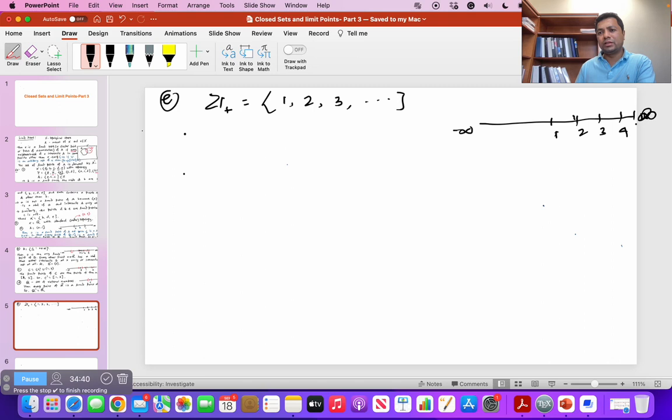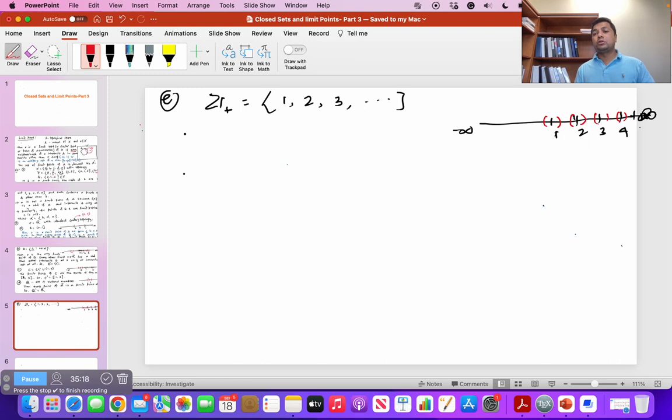We are taking only the positive integers. For each positive integer here, we can construct an open interval that will intersect the set only at that positive integer. For example, we can have an open interval containing 1 which will intersect this set at 1 only. Also for 2, we can construct a similar open interval containing 2 that will intersect this set at 2 only. Similarly for 3, similarly for 4.